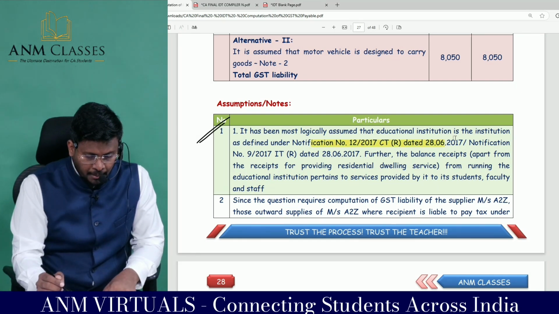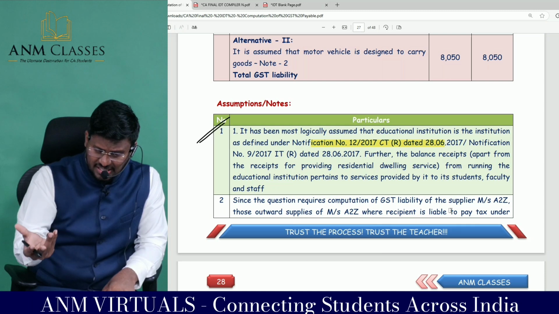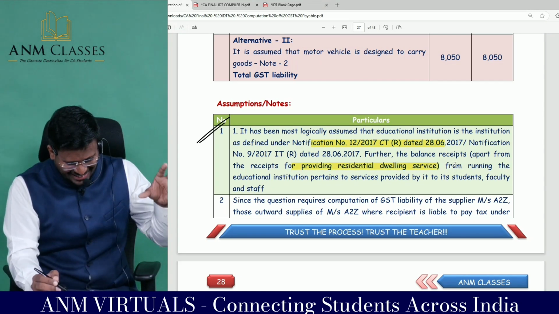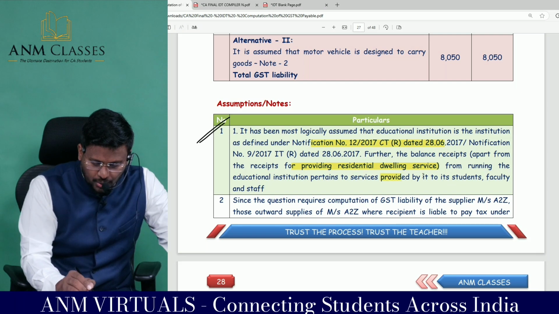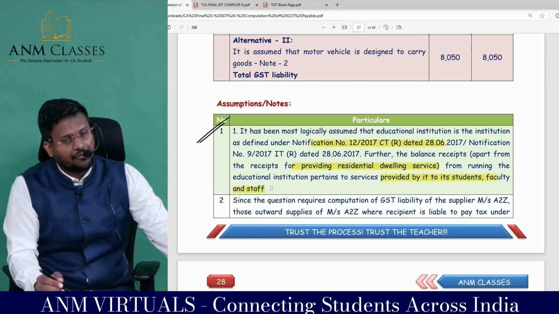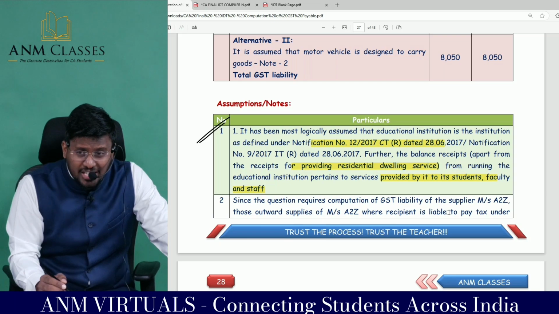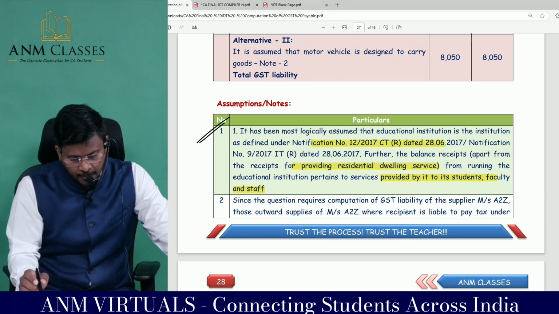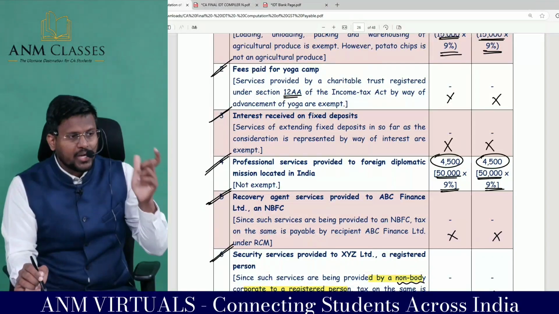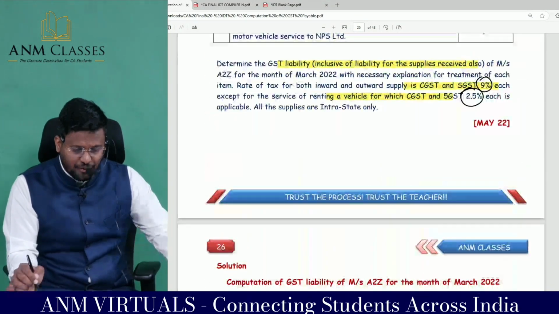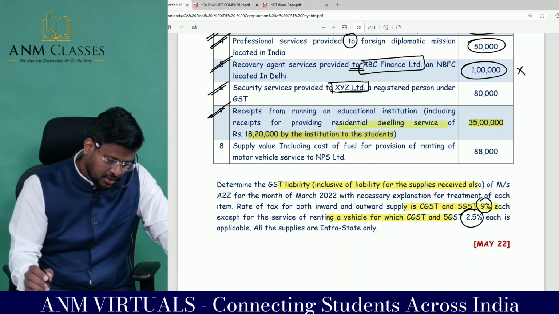The balance receipt, apart from the receipt of providing dwelling, from running the educational institution pertains to service provided by it to students, faculty and what? Staff. Service provided by an educational institution to its students, staff and faculties are exempt, so the remaining portion we are assuming as the service provided to students, staff and faculty, hence it is exempt.